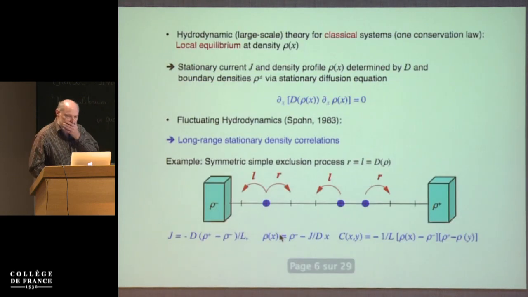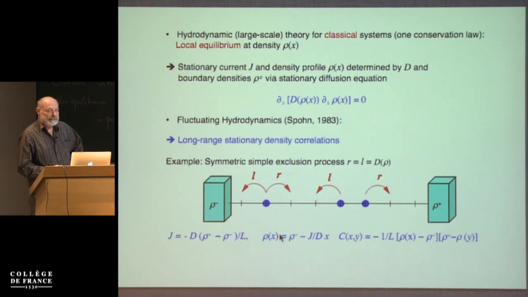Okay, so this is what one can study. Now, if you think of classical systems, just for illustration, take one conserved quantity, like just one mass, which is what we just heard about in Bernard's lecture. We know that we have very good theories to describe this phenomenon.